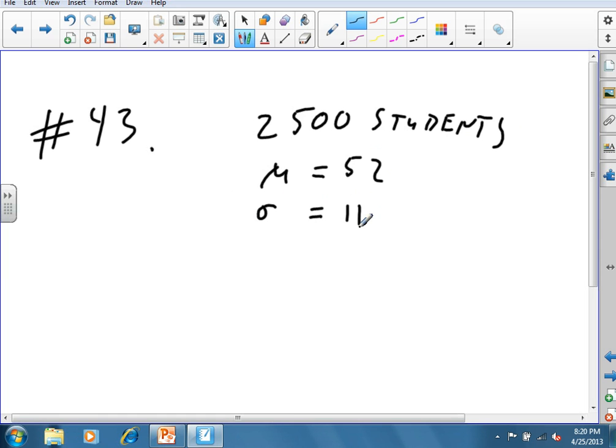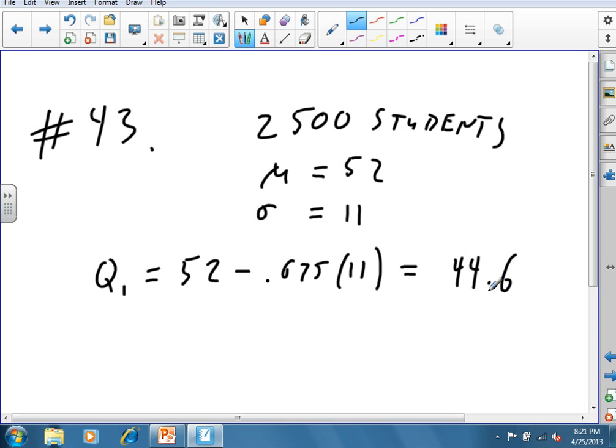We want to estimate the first quartile score. First quartile: 52 minus 0.675 times 11. We'll call it 44.6.